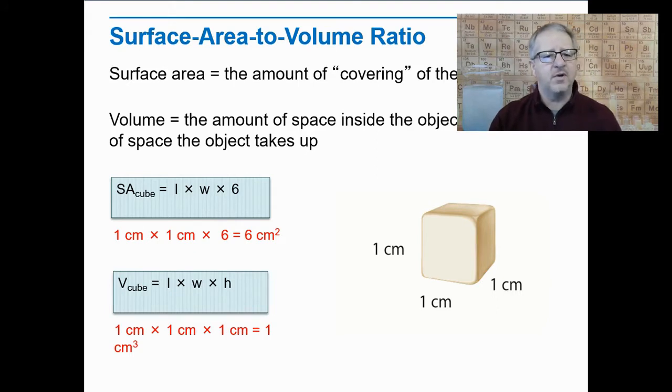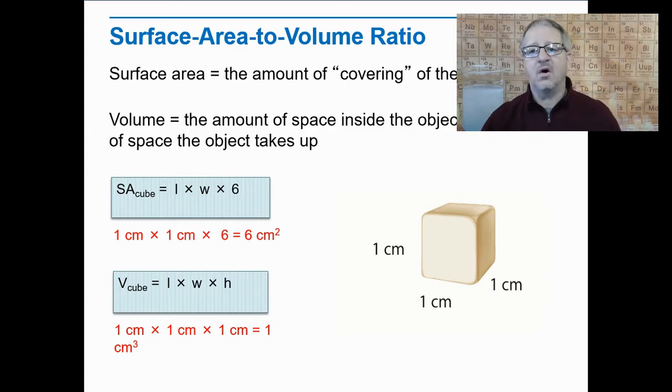That's what the 3 means. The 1 centimeter by 1 centimeter for the surface area, then times 6 gives us 6 centimeters squared, 6 square centimeters, like 6 square inches, but we're measuring in centimeters.